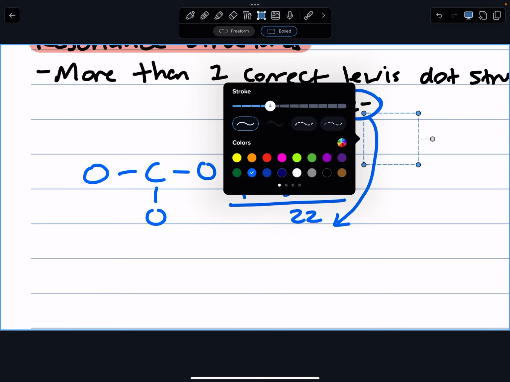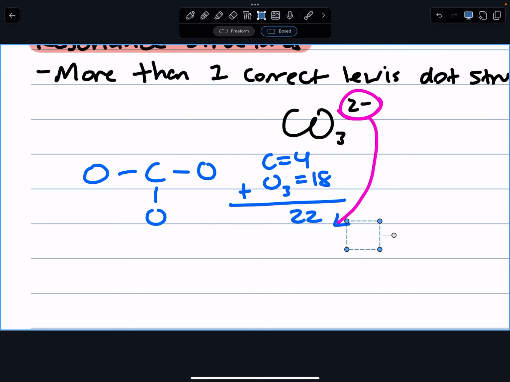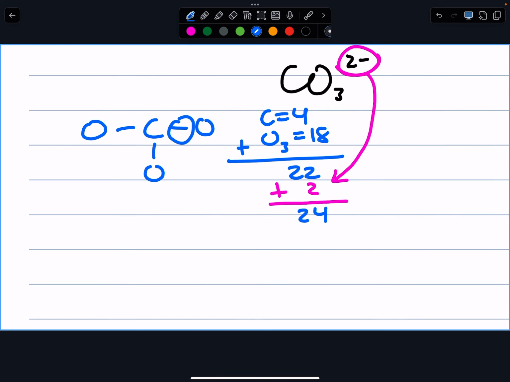What is that called? Anion or cation? Anion. So when I have an anion that's negatively charged, it gains electrons, yes? And what's the charge? 2. So I'm adding 2 electrons to my total, giving me how many now? 24. Now I could subtract the bonds: 2, 4, 6.